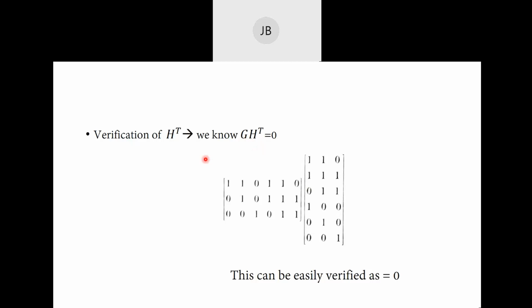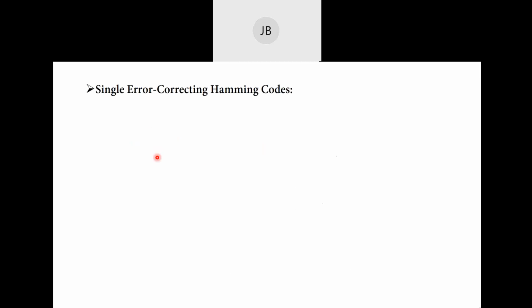Yes, this is how we find the different parameters asked in the question. Now let us move on to the key topic here, the single error correcting Hamming code.